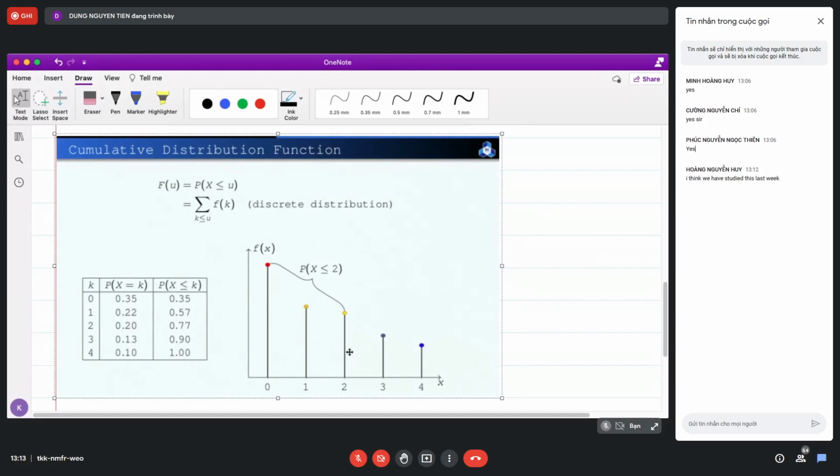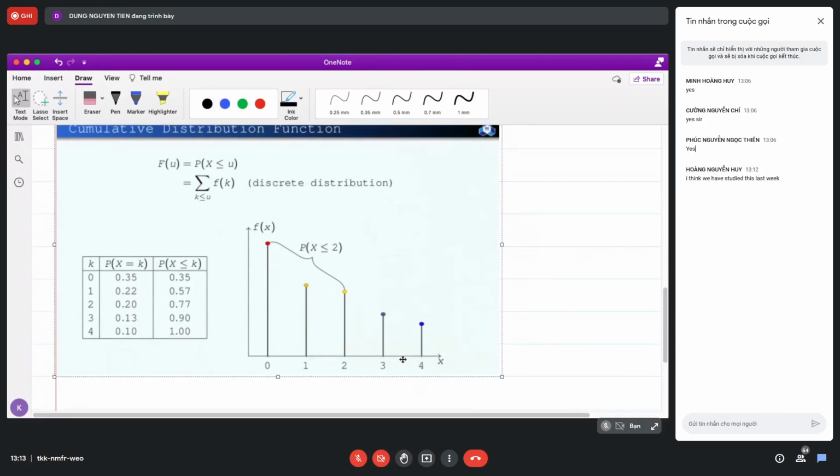Okay. So if you draw a graph, you will see that you have 5 values 0, 1, 2, 3, 4, and the corresponding columns give you the probability that x equals k. And the sum of the three values at 0, 1, 2 gives you the probability that x is less than or equal to 2, and the sum is called f of 2.